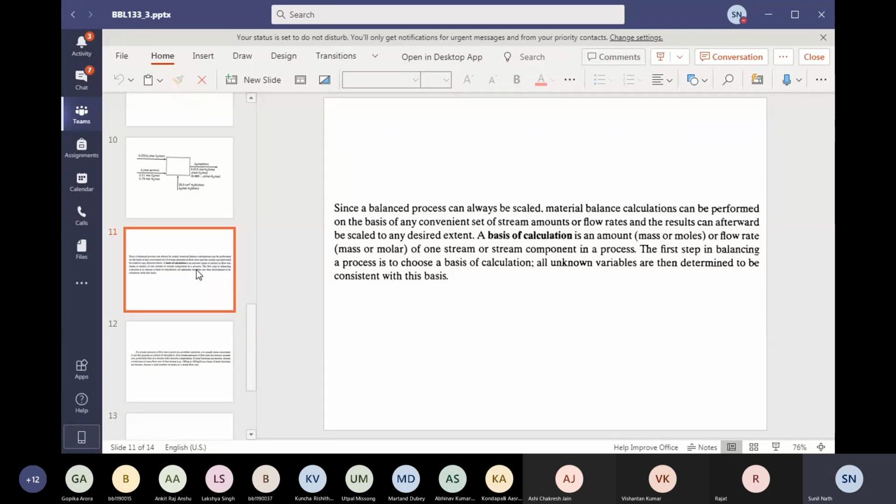So this is important. The good thing is this is not a limitation for us, because you can always scale up a process. You may do the calculation per mole of something, but a process unit will not be operating at 1 mole a minute. It will have a much higher throughput, right? But if the throughput is known to you, you can always scale it by that factor, and then all your answers will get scaled up by that number.